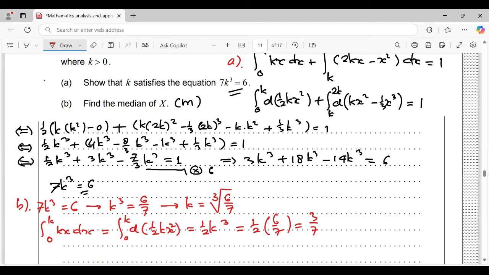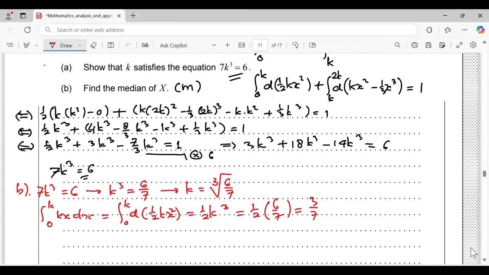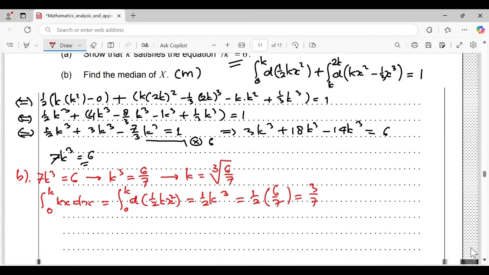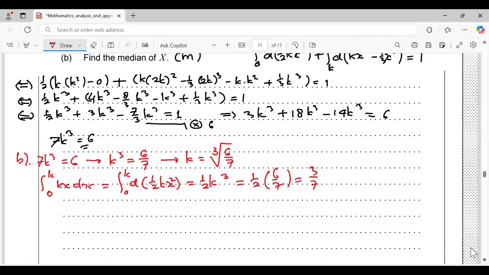And the next is, wait, I need more space. Integral from k to m of 2kx minus x squared dx.